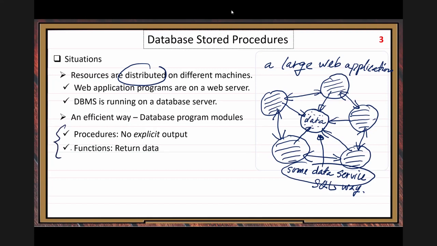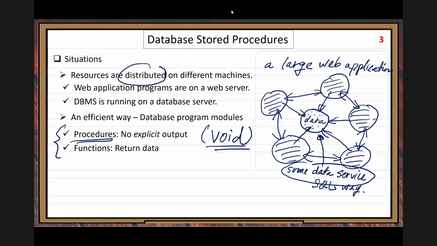The first way, we use the procedure word to define our SQL function. This way there is no explicit output, just like a void function: we only do data processing and do not generate output.